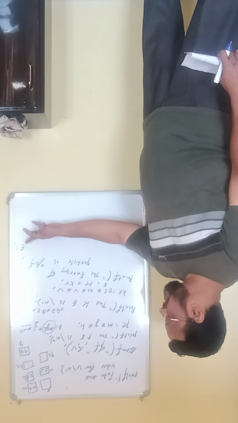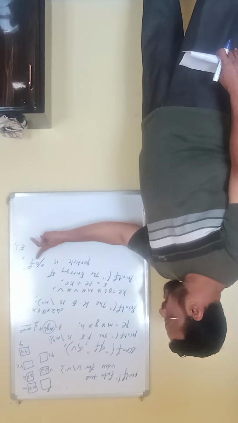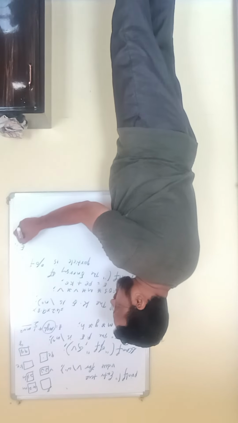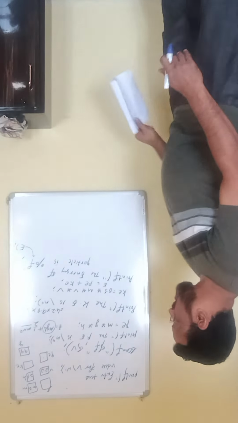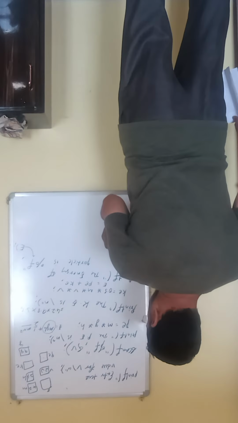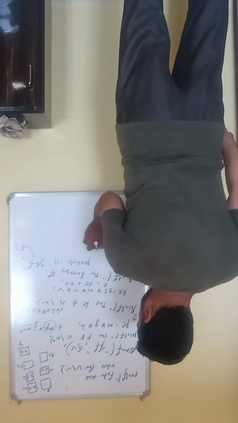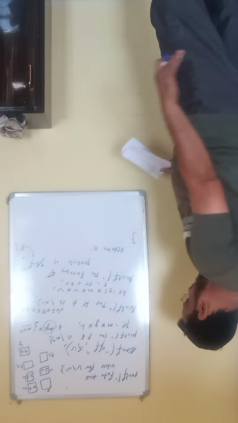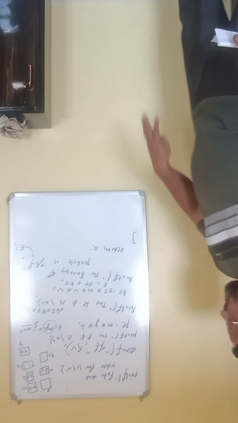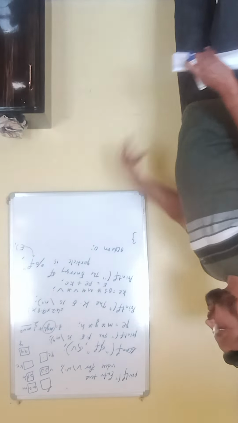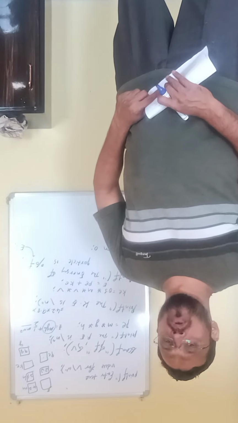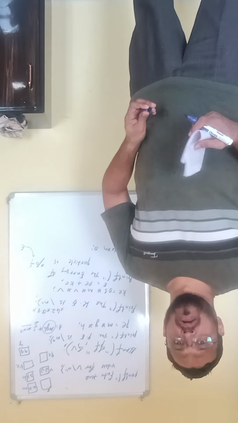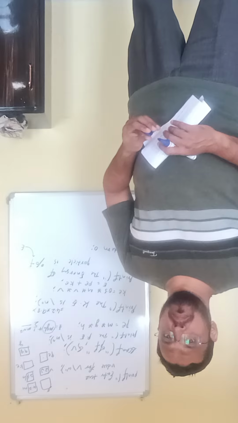So whatever value is in this particular location will be replaced here. Then you can simply write return 0. So this is a simple C program to compute the energy of a particle.